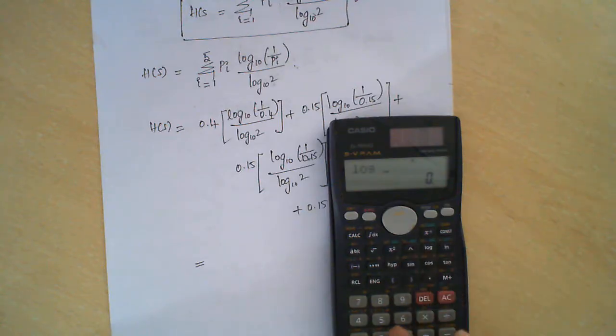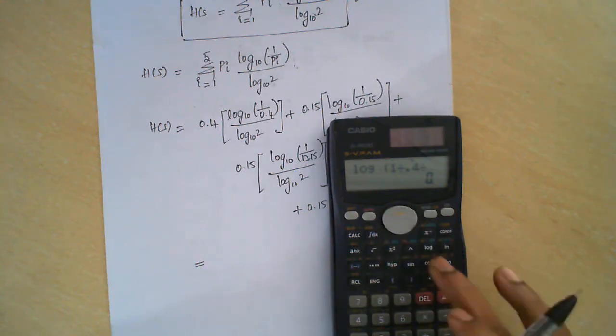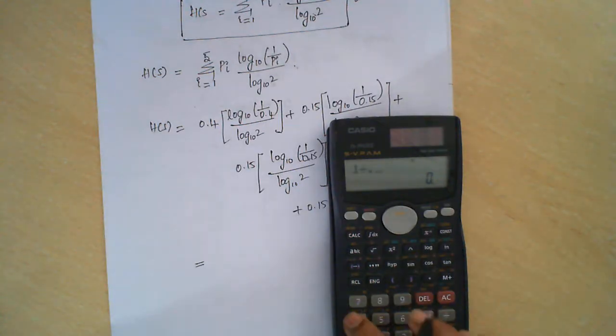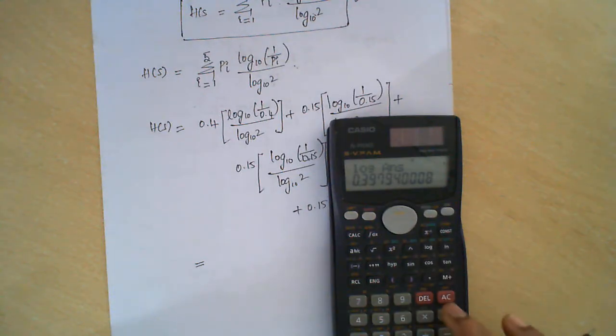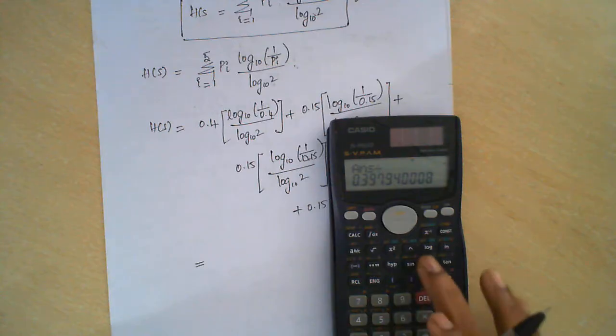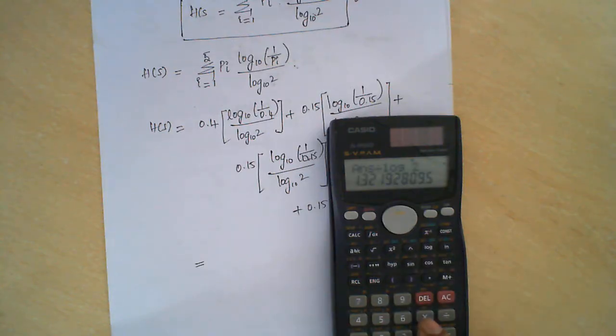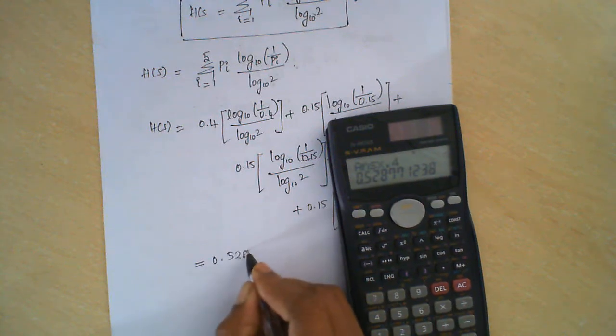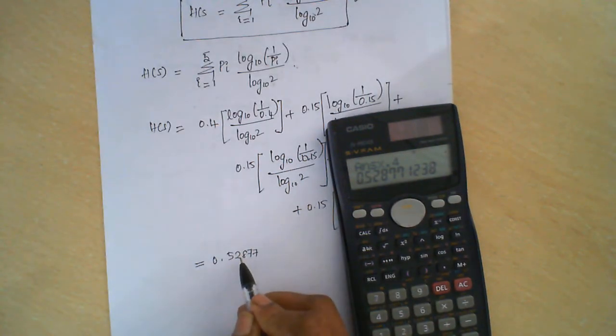Log of, open the braces, 1 divided by 0.4, close, equal to the log value, divided by log 2, into the value here, 0.4. So you get the answer of 0.52877. Go with the value after decimals.